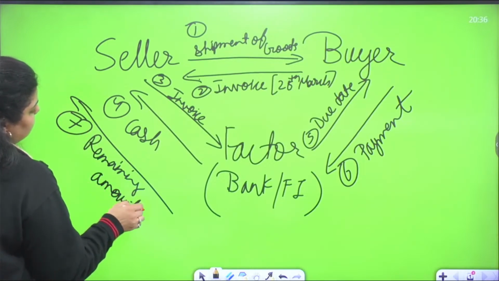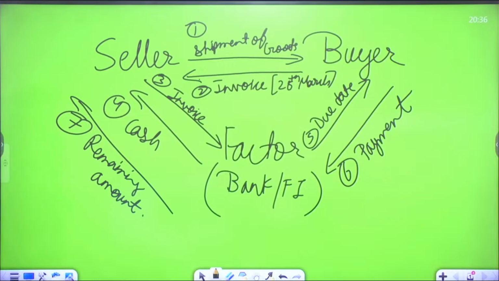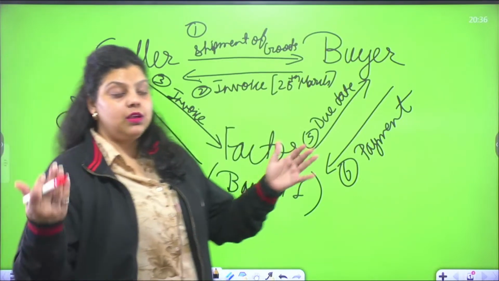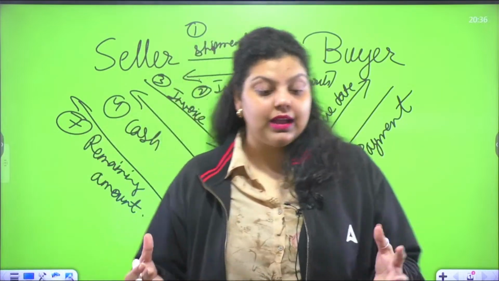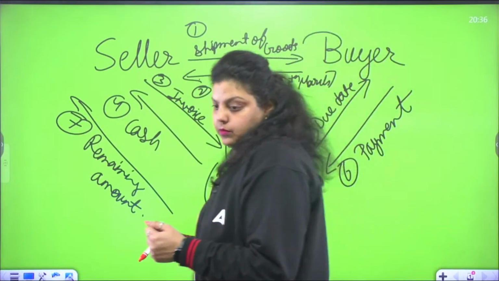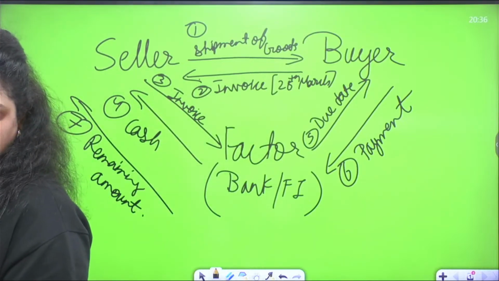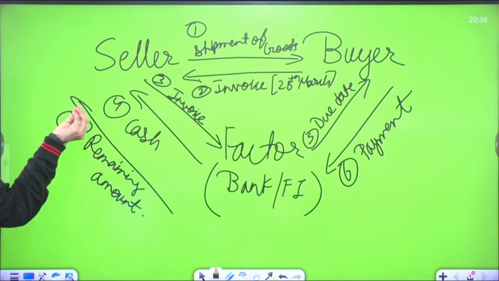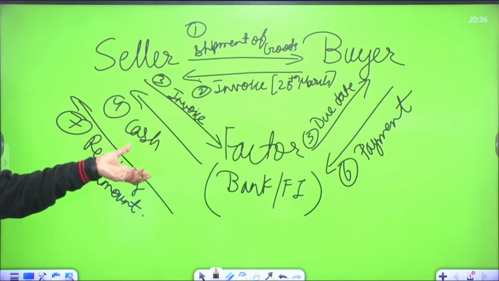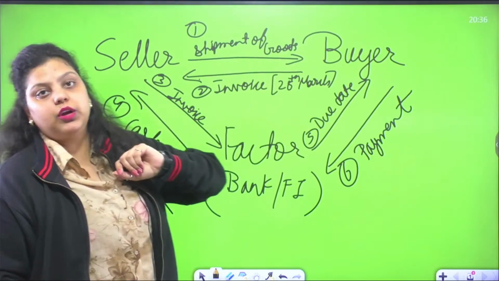This is what factoring is. All the mechanism I have defined here is factoring. Factoring means when the seller goes to the bank and asks for immediate cash on behalf of the invoice of the trade.